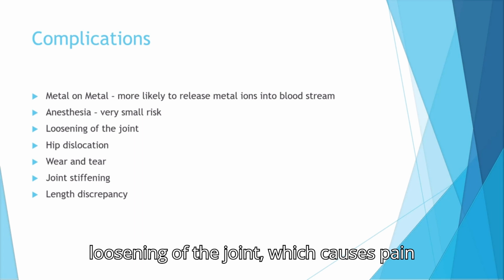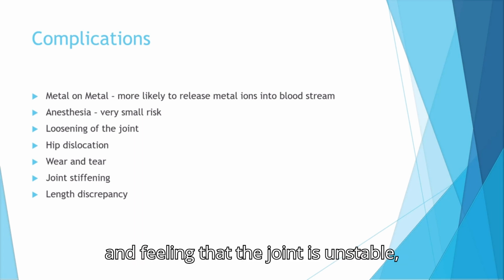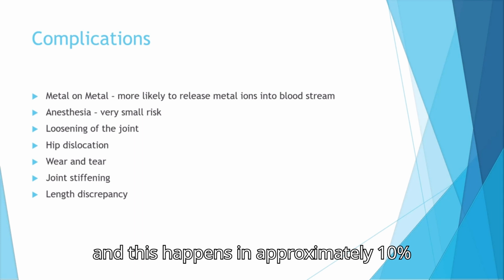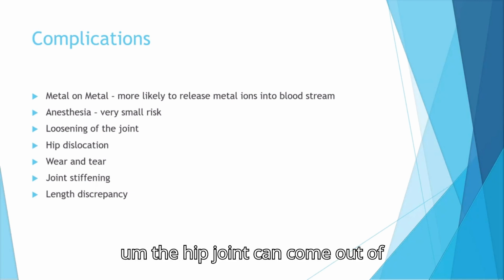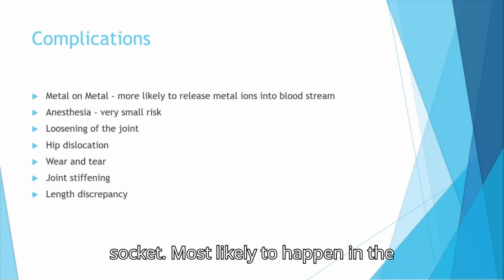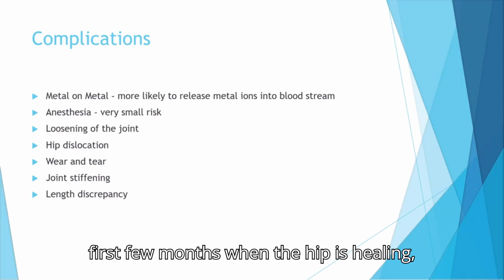Sometimes there is loosening of the joint, which causes pain and a feeling that the joint is unstable, and this happens in approximately 10% of cases. Hip dislocation, so around 3% of cases, the hip joint can come out of the socket. Most likely to happen in the first few months when the hip is healing.